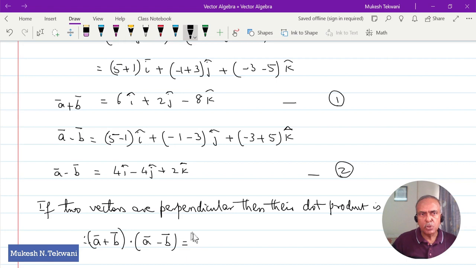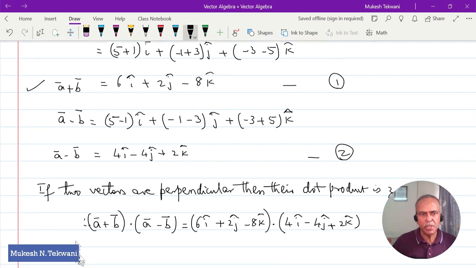So here is vector A plus B, 6i plus 2j minus 8k. We took the vector A plus B, we got that value here, and then dot product with A minus B, so that is 4i minus 4j and plus 2k, and therefore this is going to be equal to, now let us find the dot product.